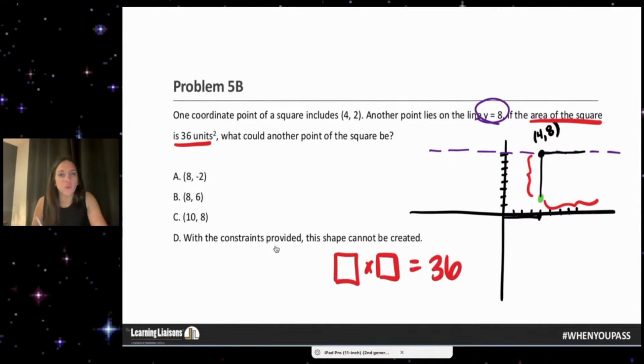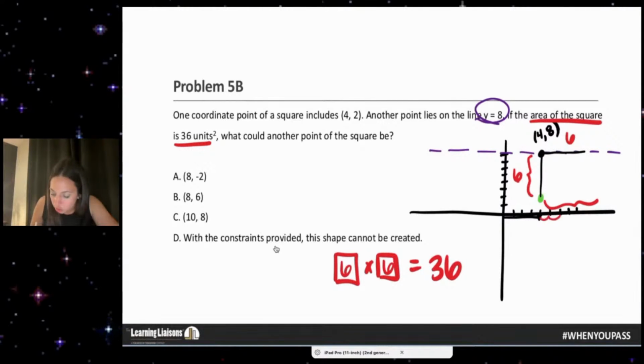Yes, 9 times 4 is 36, but that wouldn't be a square. That would be a rectangle. So 6 times 6 is 36, which means that this side has to be 6 and this side has to be 6. So now I have to count 6 units over from here.